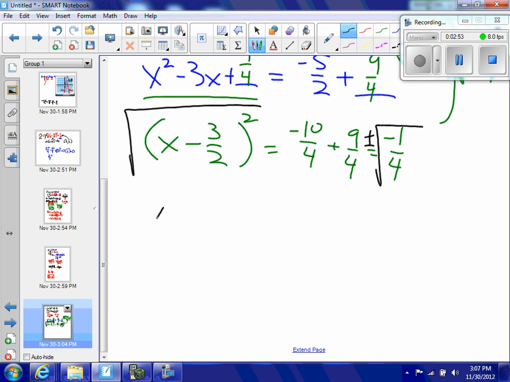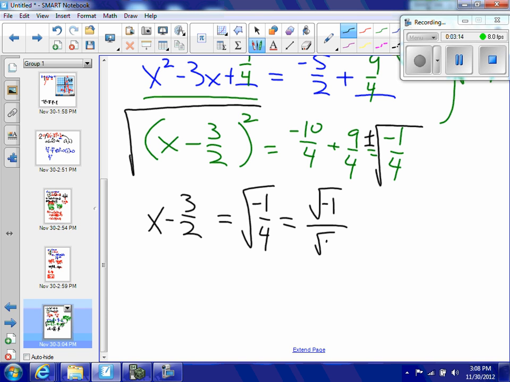So this is going to be x minus 3 halves, because the square root of something squared is just what's underneath the square root sign, is equal to the square root of negative 1/4, which is the same thing as the square root of negative 1 over the square root of 4, which is the same thing as i over 2.